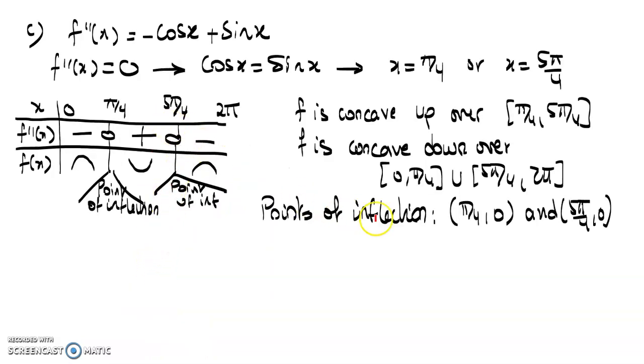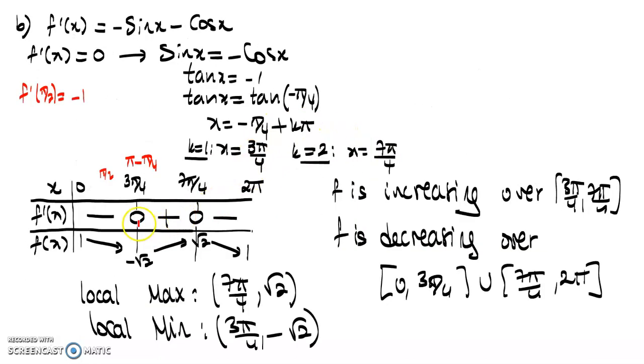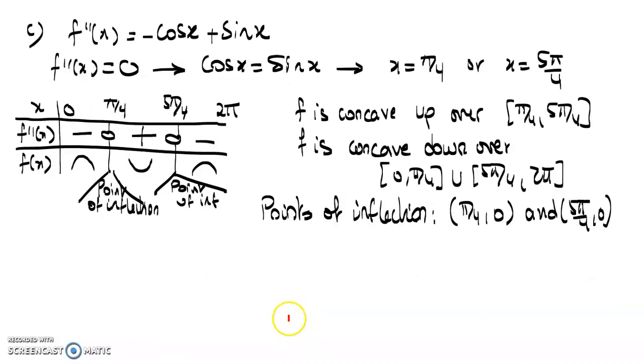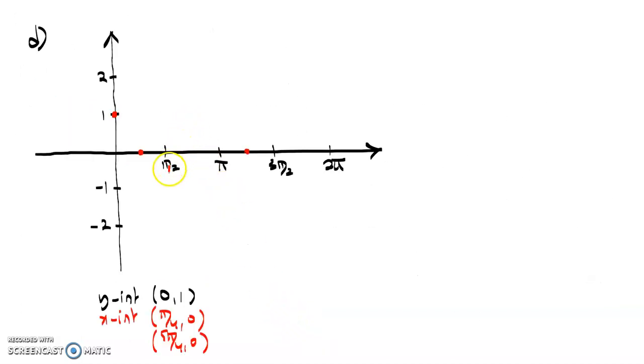Now, we've just plotted the points of inflection, which are also the x-intercepts, and we've also plotted the y-intercept. Going back to where we studied the variation of the function, we know that the function has a maximum and a minimum at 7 pi over 4, square root of 2, and 3 pi over 4, minus square root of 2. Now, 3 pi over 4 would actually be here. It would be pi over 4 after pi over 2, or before pi.